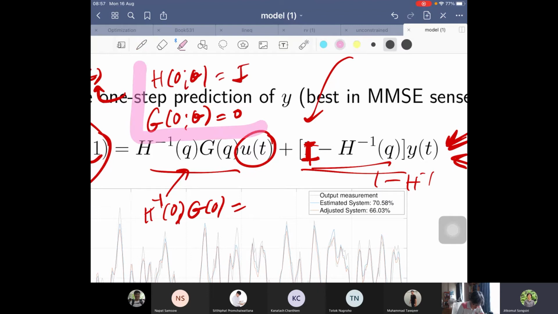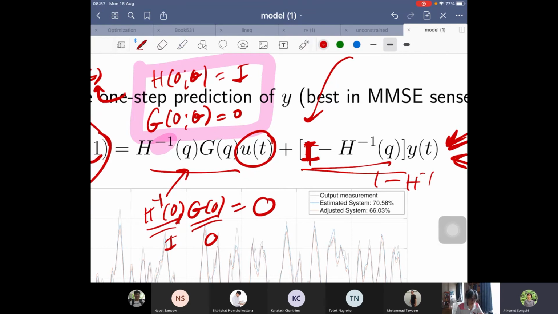Remember that we have these two conditions previously. H of 0 is I, G of 0 is 0. By this notation, we implicitly mean that H inverse exists. So this is I, this is 0. So the result is 0.